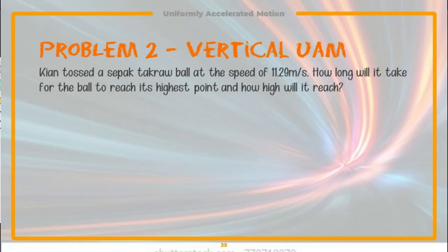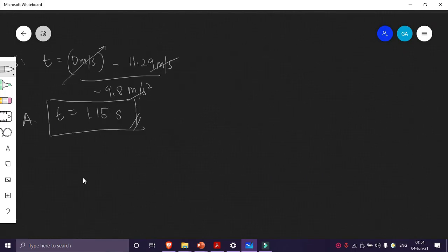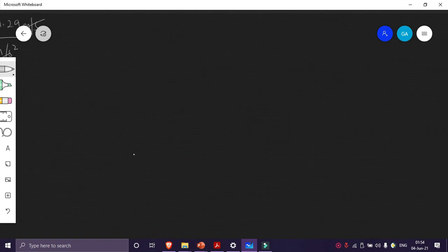Sabi dito, how high will the ball reach as it reaches its highest point? Okay, solve natin siya. So, given: Vi is equal to 11.29 meters per second. Our acceleration due to gravity equals negative 9.8 meters per square second.